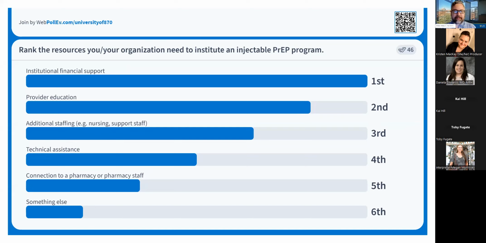All right, it looks like the answers have slowed down and they're moving. I see more answers are coming in right now, but it's looking right now that the highest ranked one looks to be institutional financial support.